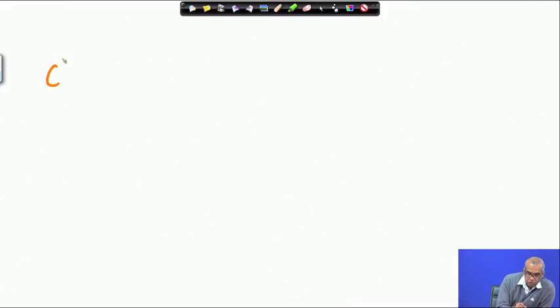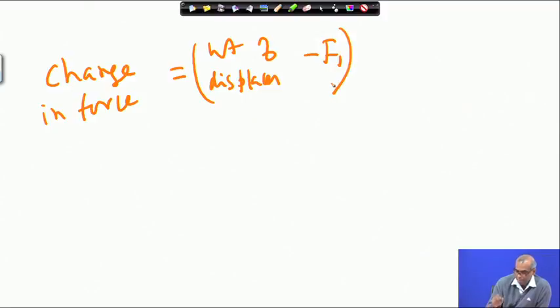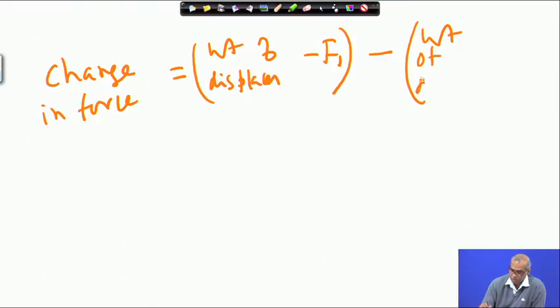So, change in force will be: weight of displacer minus F1, let us say before the liquid level changed by 1 feet, and this is weight of displacer minus F2.